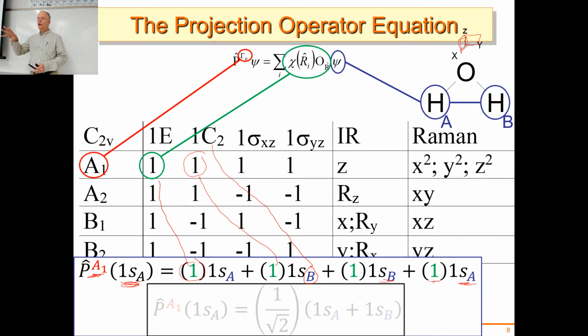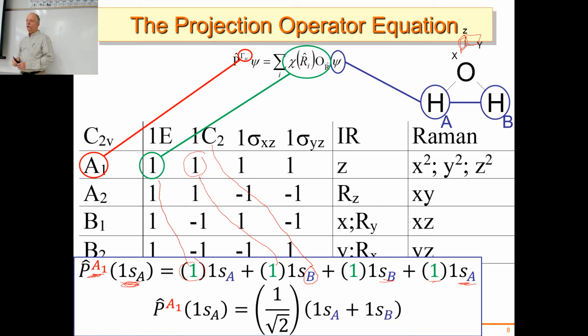Notice I have a +1sA, +1sB, and then we repeat it again, a +1sA, +1sB. And so if we were to normalize that, we would have like 2 times 1sA plus 2 times 1sB, but that wave function wouldn't be normalized. So we could normalize that, and we end up with this 1 over the square root of 2. But the bottom line is we have a plus in front of this one and a plus in front of that one. See, all of these are pluses.